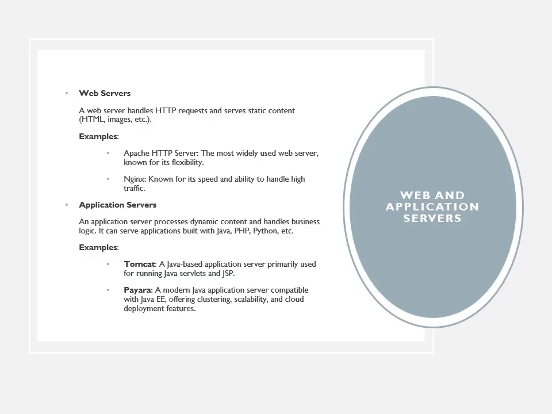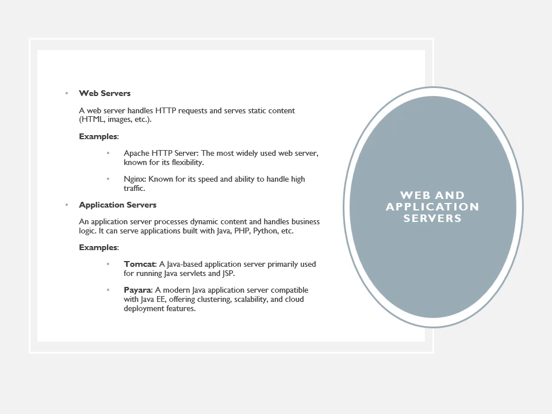Now we've discussed web pages, different types of web pages and so on. Now let's understand what a web server is. A web server handles HTTP requests and serves static content such as HTML, images, videos, audios, etc. An example is the Apache HTTP server, the most widely used web server, known for its flexibility.